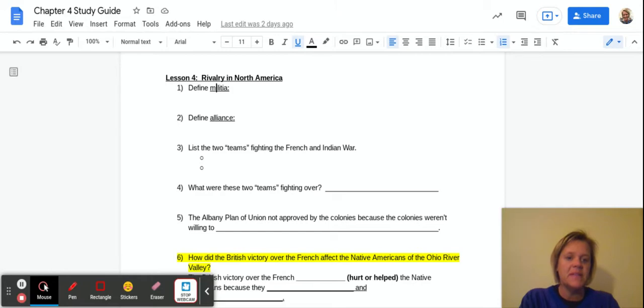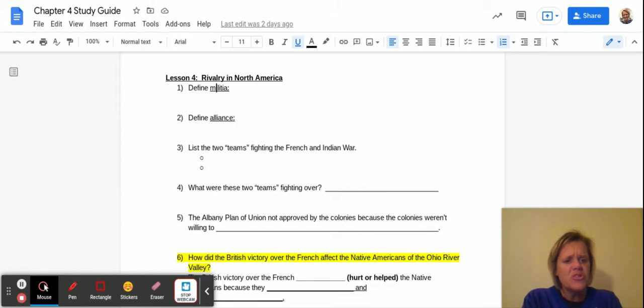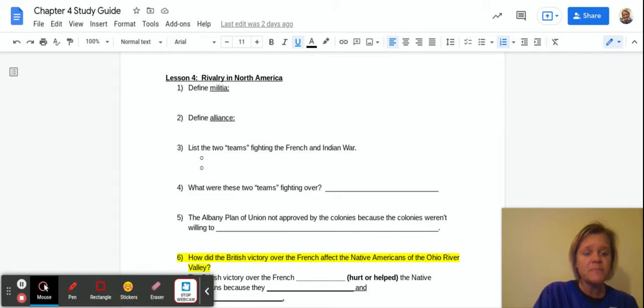Lesson 4 is a little bit different. You still can use your textbook, but remember, we did not do an assignment in classroom on Lesson 4. Remember, on Tuesday, I said, if you do your work really well today, it will pay off on Thursday.